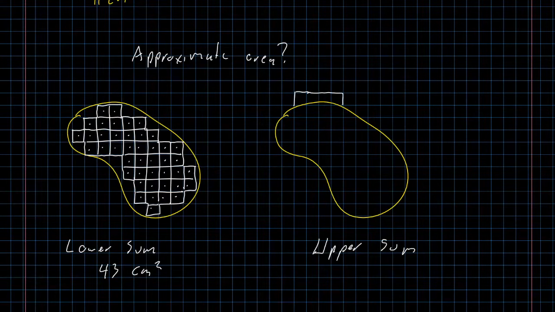And I am definitely overestimating the area here because I am counting these really, really tiny regions. But that's okay. I know that I am overestimating, and I am intentionally overestimating in this particular case.